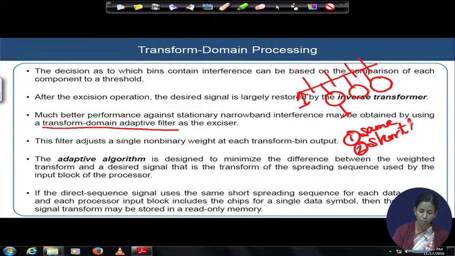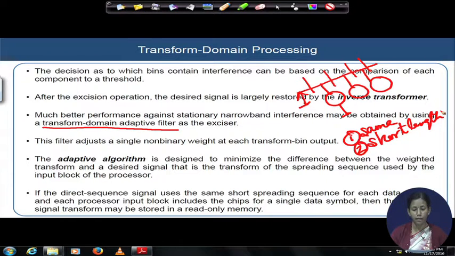Suppose I am measuring capital N number of chips, and capital N chips constitute one symbol, and the spreading sequence used by the transmitter for each and every N chips is exactly the same. In such a situation, you can speed up the exciser process by storing the transform domain values of this short sequence inside a memory, a read only memory.